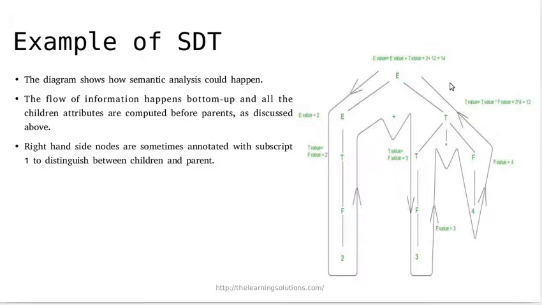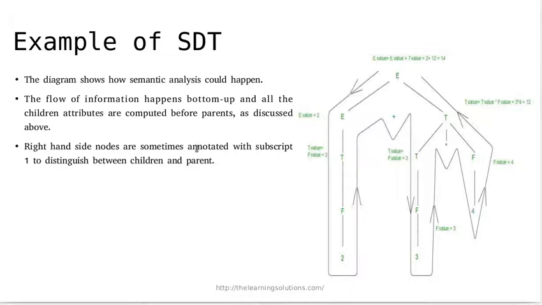So 2 plus 12 will be 14, and it is given to E. In this way bottom up parsing along with depth first traversal is used, and we have created some SDTs, that is syntax directed translation, for the given parse tree. This will provide additional information for the semantic analysis phase and also the intermediate code generation phase.